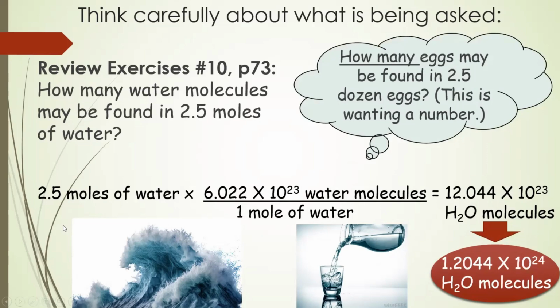And I messed up. We should have two significant figures here. This number is the standard number that's accepted, so this is the limiting number. It should be 1.2 times 10 to the 24th and chop off the last three digits. So our answer is 1.2 times 10 to the 24th power water molecules.